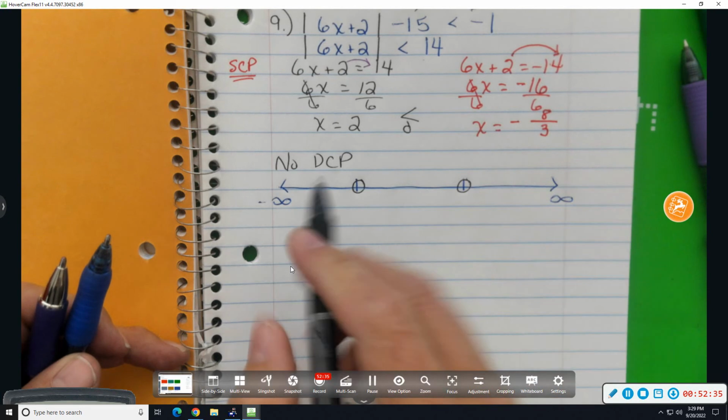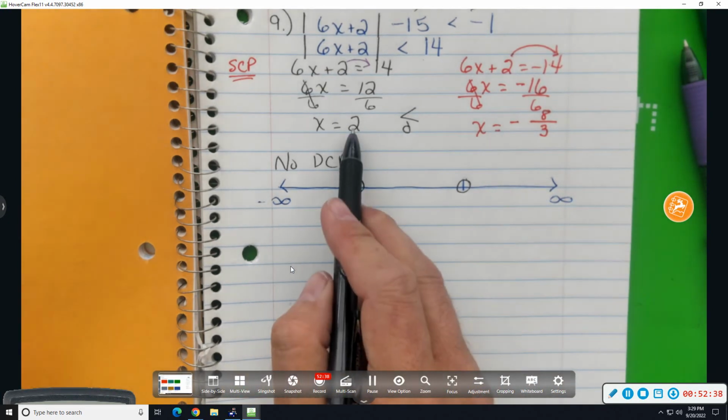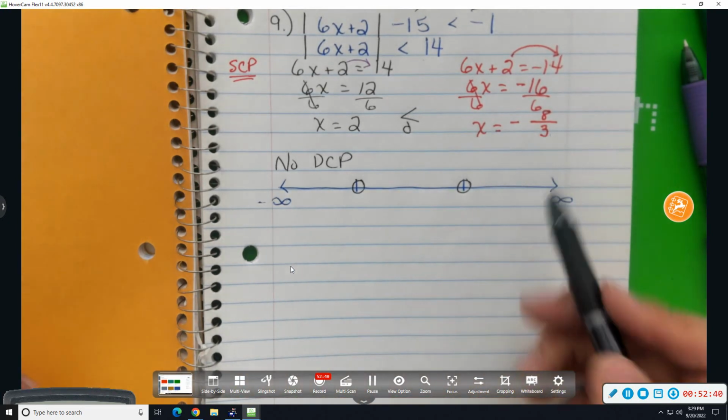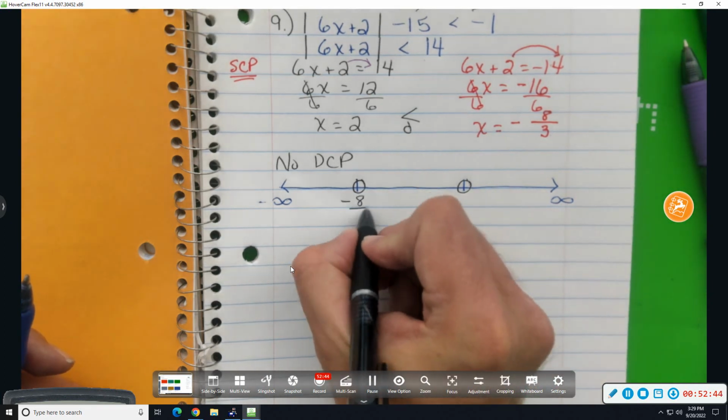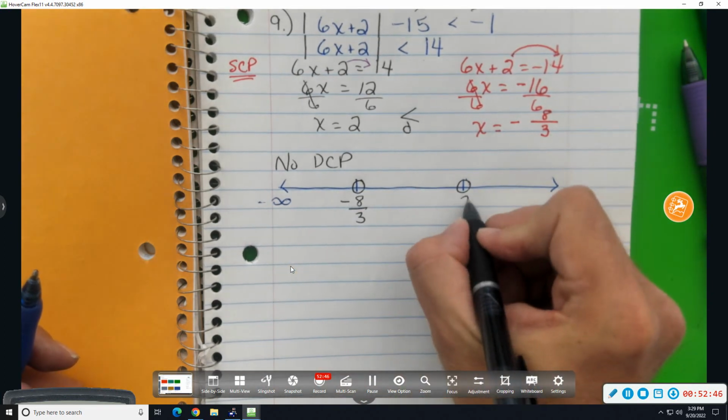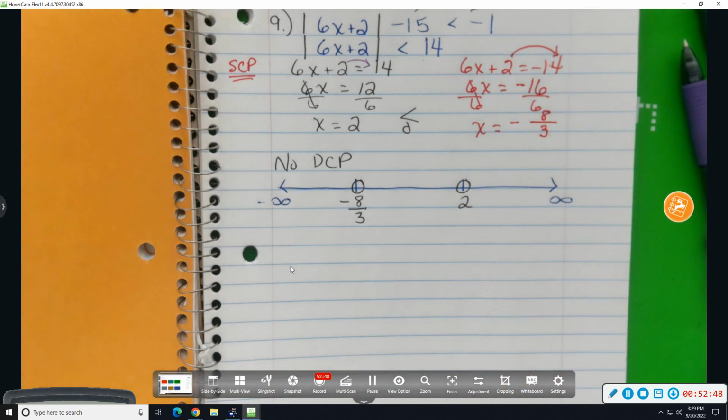Which one is closer to negative infinity, a positive 2 or a negative 8/3? Negative 8/3. So, there and there. Is it going to alternate, or do we have to check every interval? There was nothing even to factor, so there sure weren't any repeated factors.